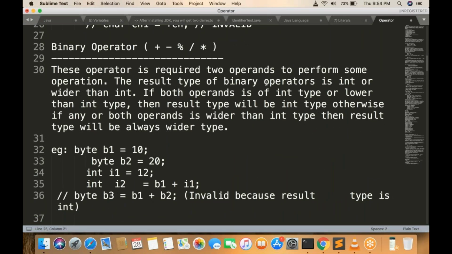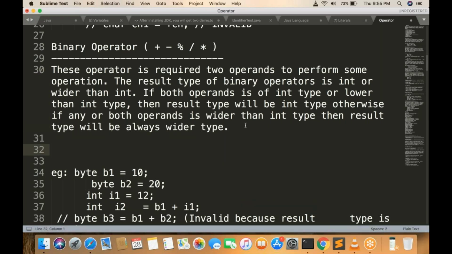Now we will see binary operators. These operators require two operands to perform some operation. The result type of a binary operator is int or wider than int. If both operands are of type int or lower than int, then the result type would be int. Otherwise, if either operand is wider than int, then the result type would always be the wider type.